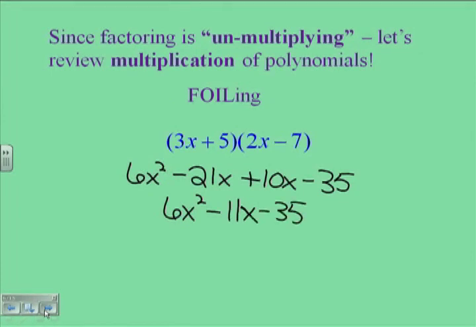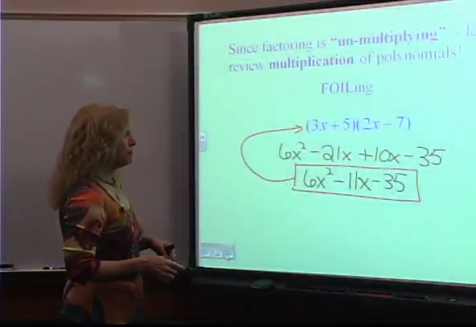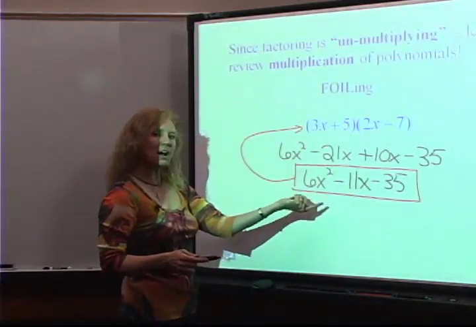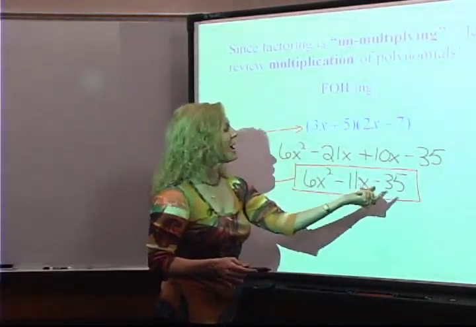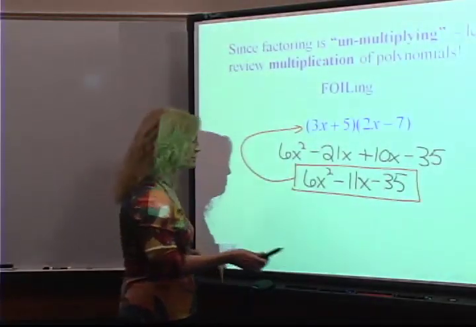And if you were given this answer, because remember that where we're aiming is we want you to be able to factor polynomials. And that means you're going to start with this and take it backwards to that point. Could you? Would you know how we got that 6x squared? Would you know how we got that negative 35? Okay.